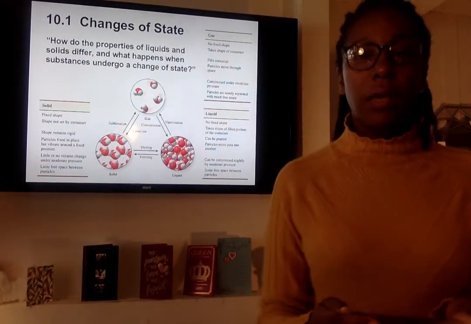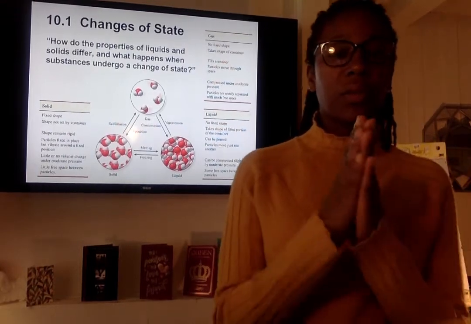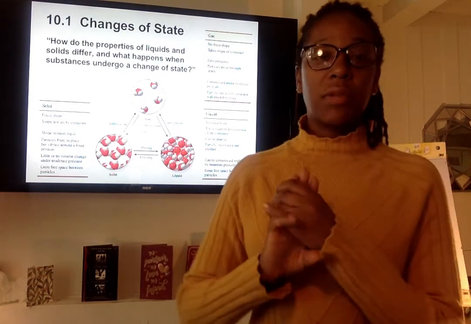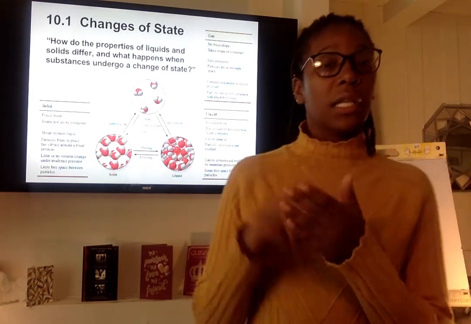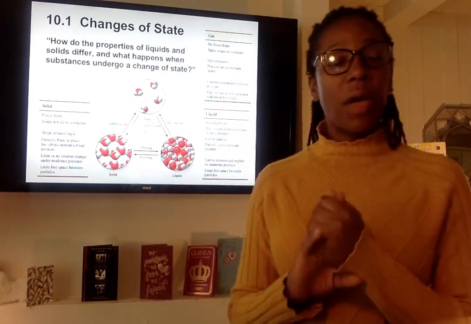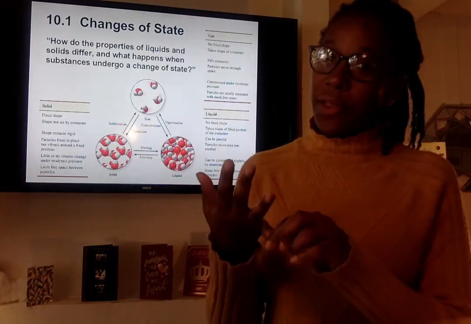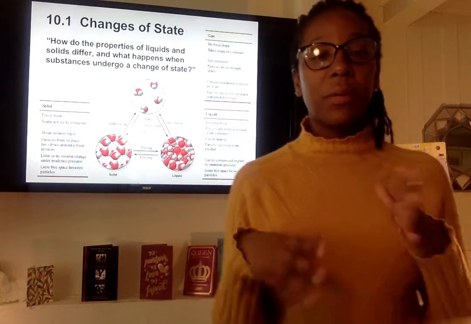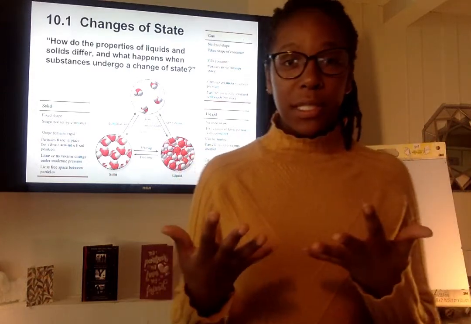In the beginning of class, we said that there are three state physical changes that happen: solid, liquid, and gases, right? Aqueous is the other one, but that's not a phase change. Those are just different states that we can have our substances in.